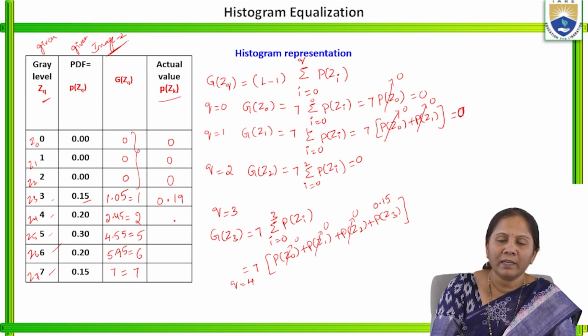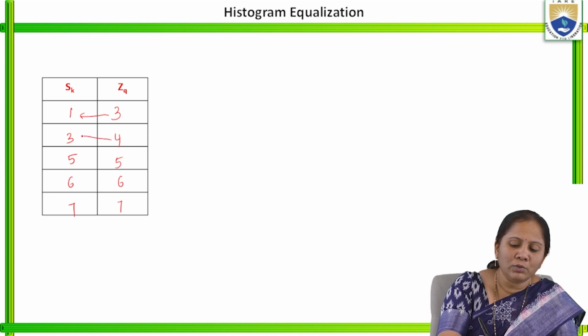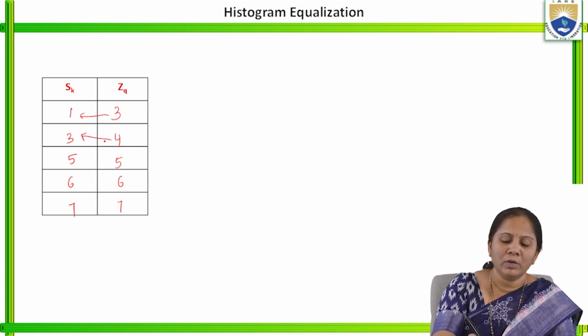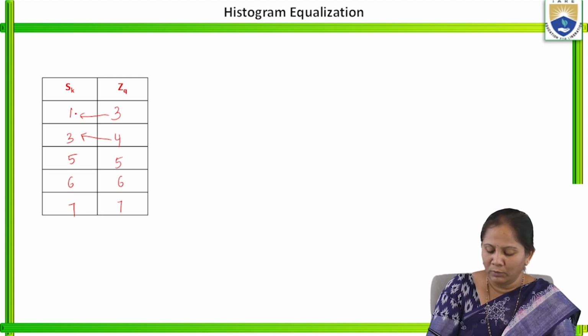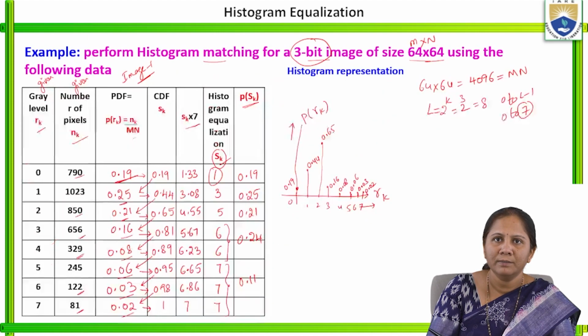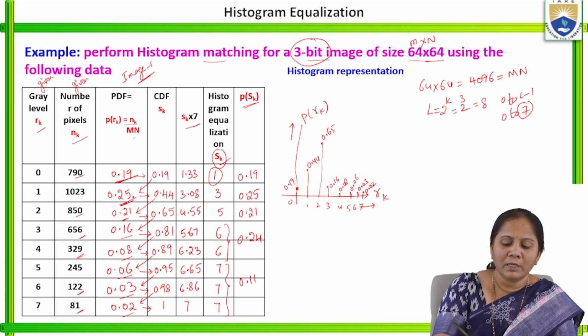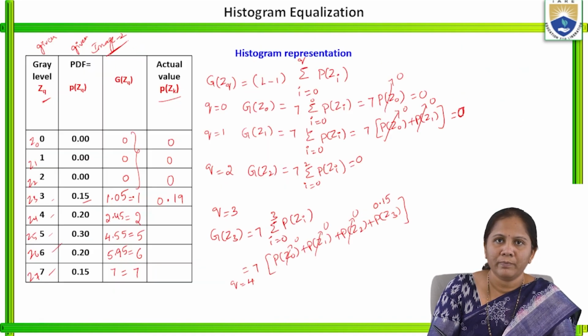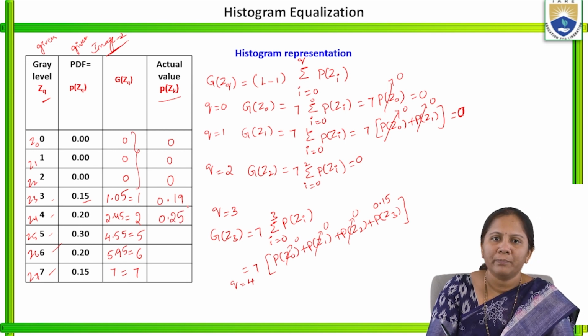So how to write the second value? By performing inverse mapping from 4 to 3. 4 is equal to 3. When SK value is 3, we have to see for SK value 3. So this is the SK value. When SK value is 3, here the equivalent value is 0.25. So here we have to write 0.25.